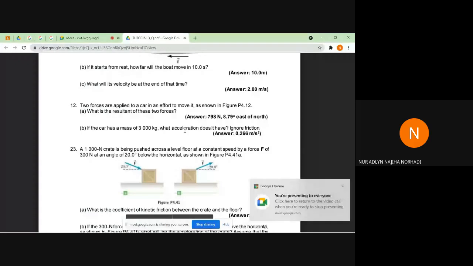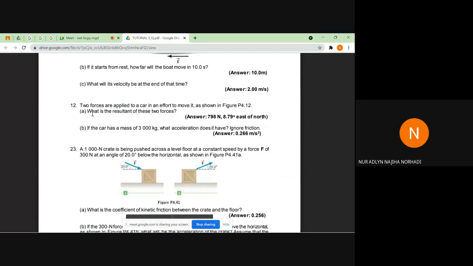Okay, let's move to number 12. Sir, may I try? Yes. Okay. So for nombor 12, dia tanya, two forces are applied to a car in effort to move it.